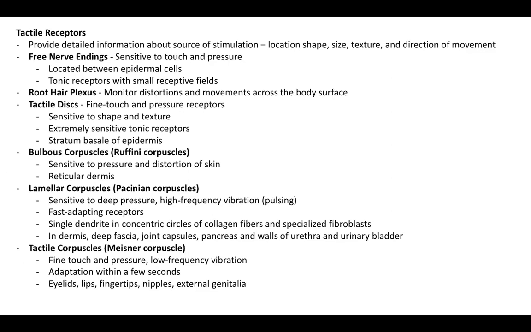They sense deep pressure and high frequency vibration, and these are fast adapting receptors, so they have peripheral adaptation quickly. And then you have the Meissner corpuscles, which adapt within a few seconds, but these are higher up in the papillary layer of the dermis, and they're for fine touch and low frequency vibration.